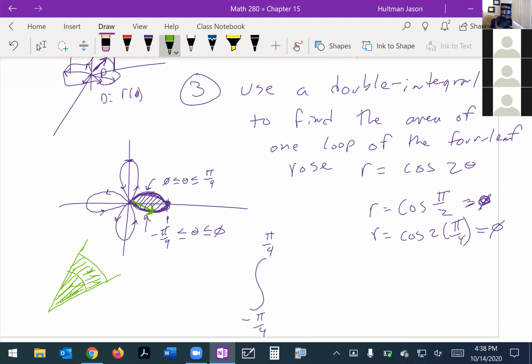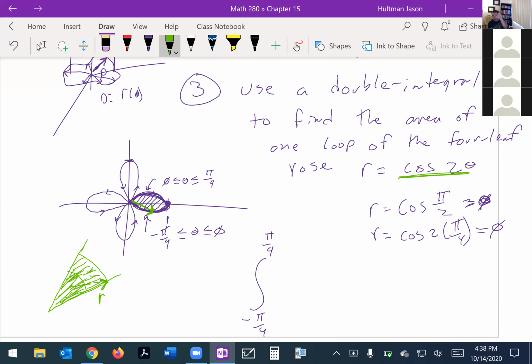Does that make sense? Say this is R. What's sweeping out this entire area here? It's all of my values of cosine 2 theta. Isn't that sweeping out all of those values as I go around?